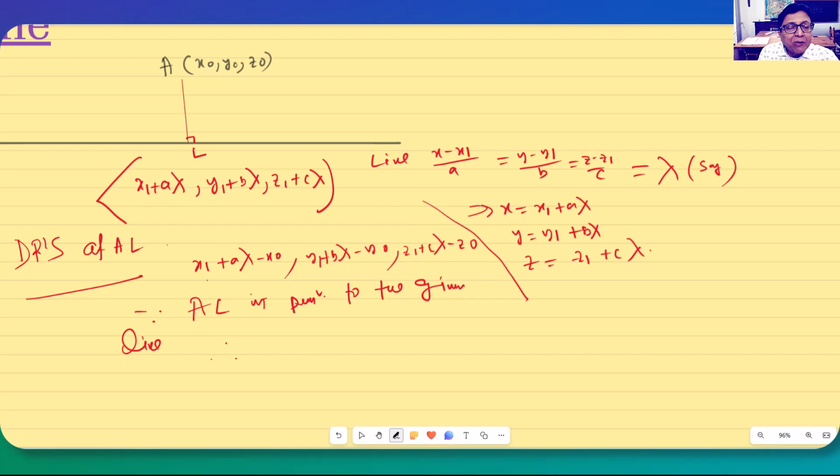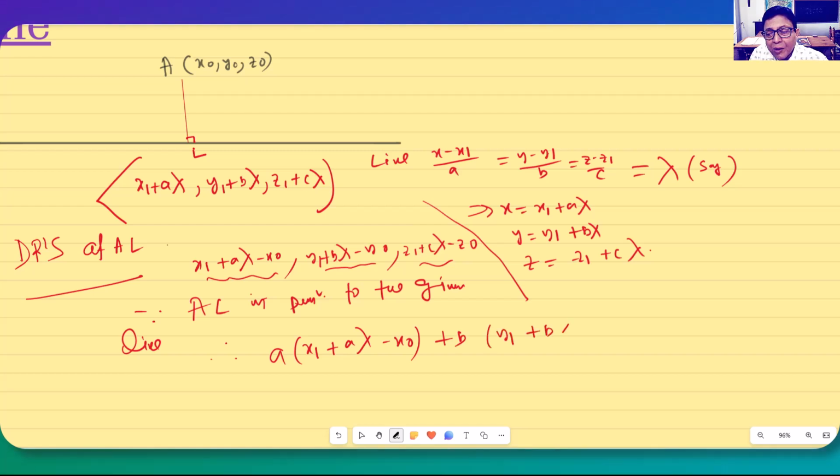A1, B1, C1 are given here, we found these here, and this is a, b, c. So a into (x1 plus a lambda minus x0) plus b into (y1 plus b lambda minus y0) plus c into (z1 plus c lambda minus z0) equals 0.